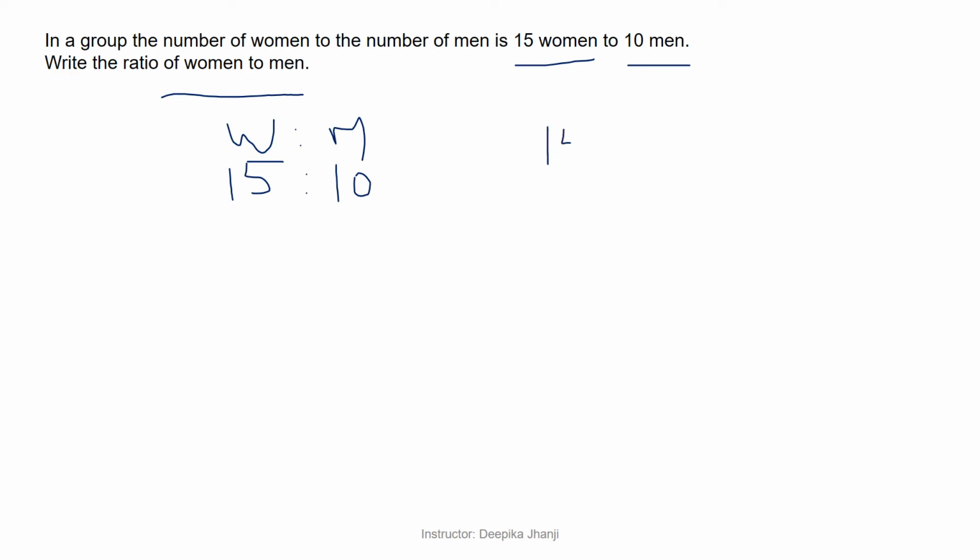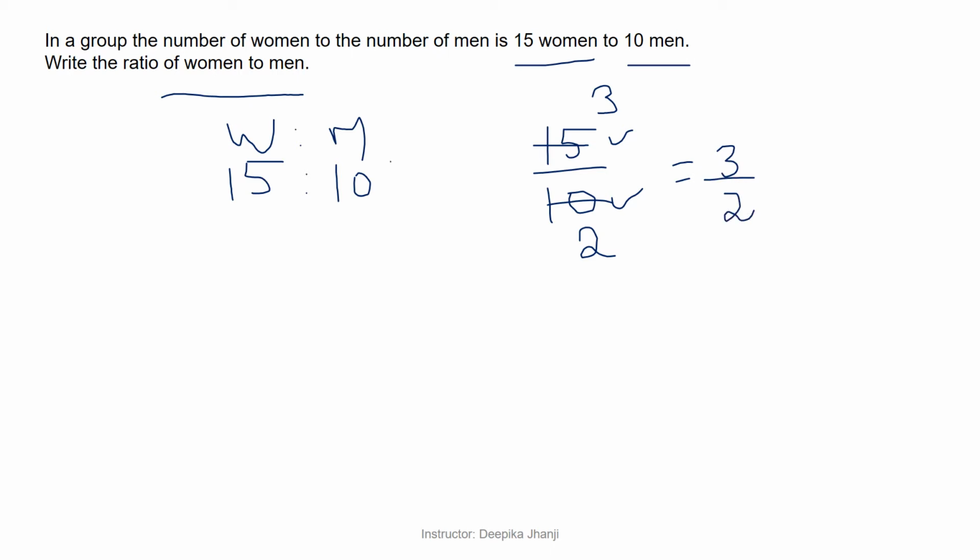If we have the fraction 15 upon 10, how do we reduce it into lowest terms? We find a common factor, right? And then cancel the numerator and denominator by that common factor. So here 5 threes are 15 and 5 twos are 10 and we get 3 upon 2.